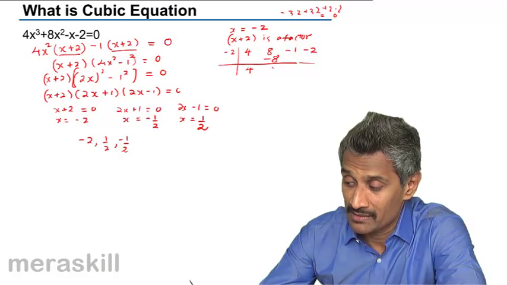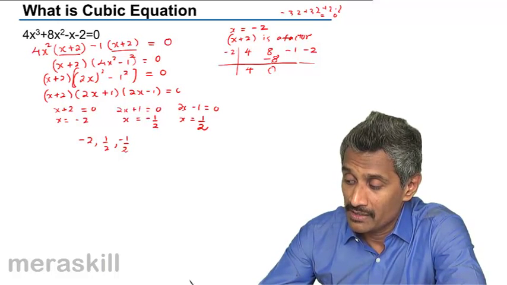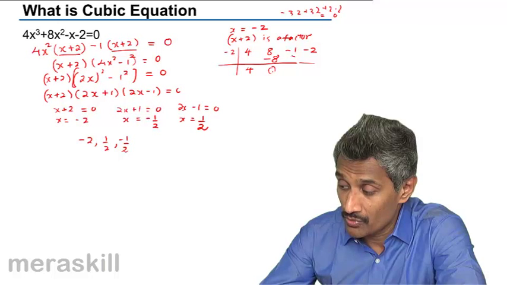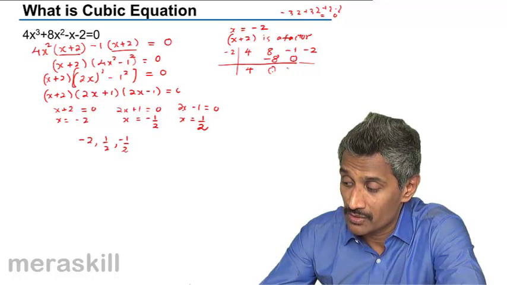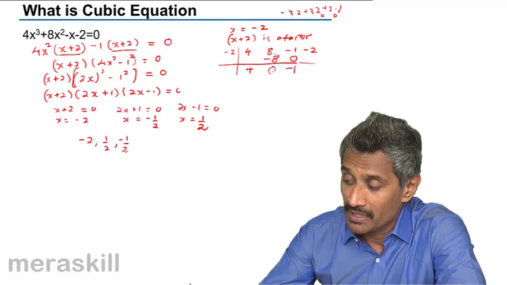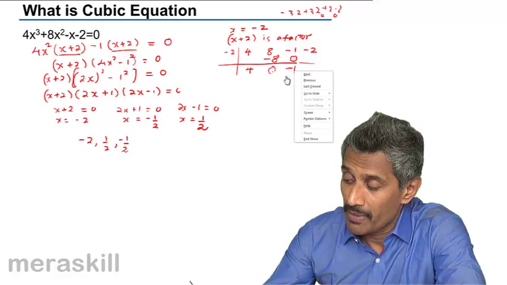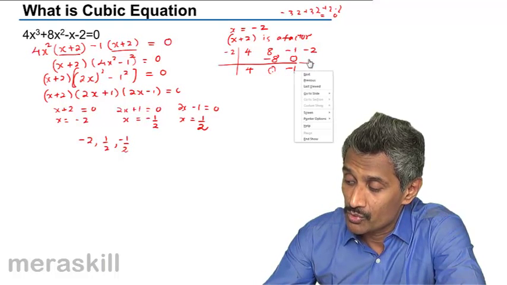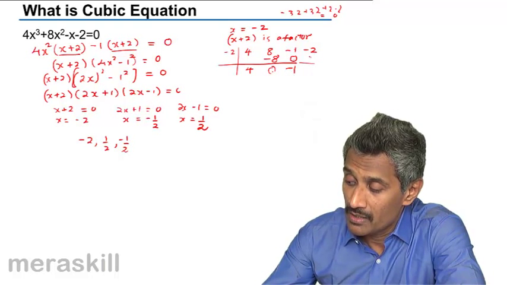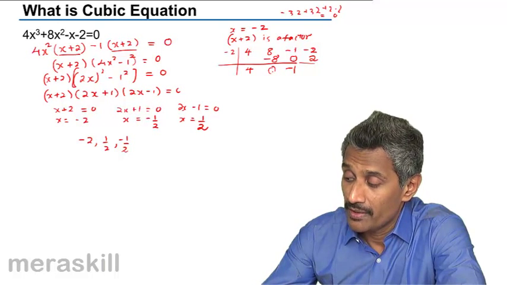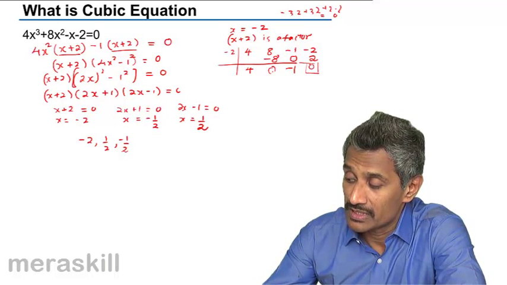Add 8 and minus 8, you get 0. Minus 2 into 0 is 0. Add minus 1 and 0, that is minus 1. Minus 2 into minus 1 is plus 2. Add minus 2 and plus 2, you get 0.